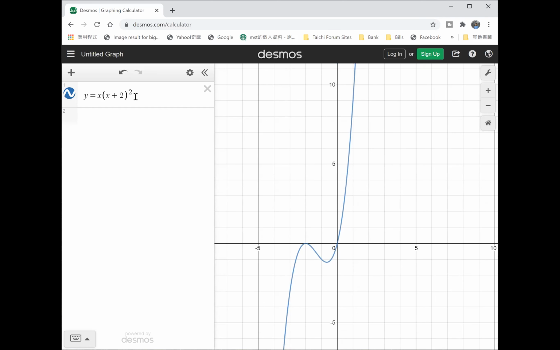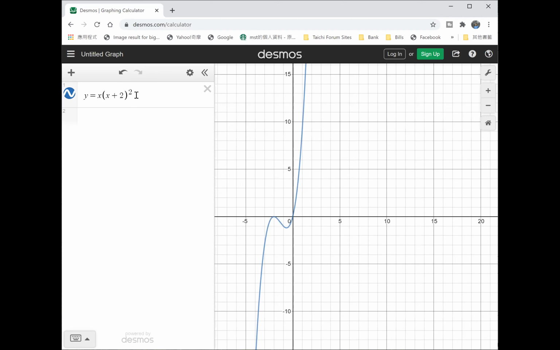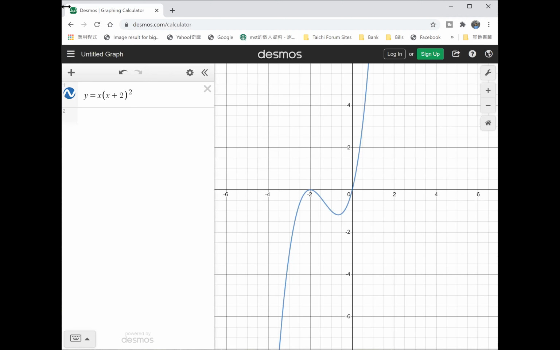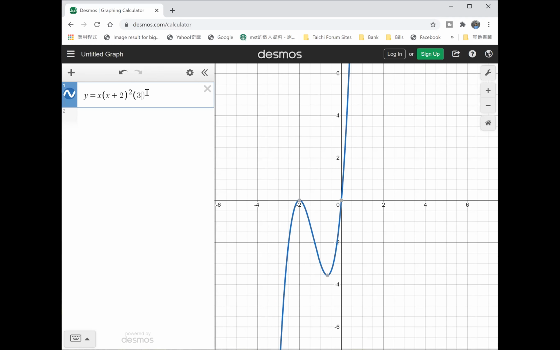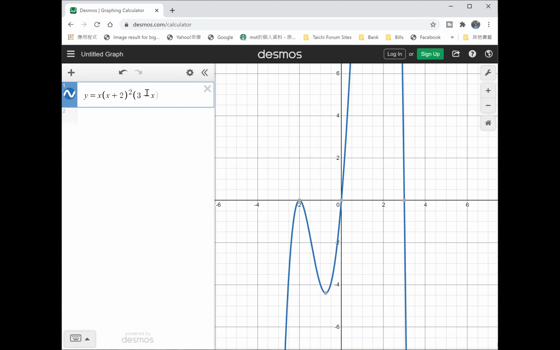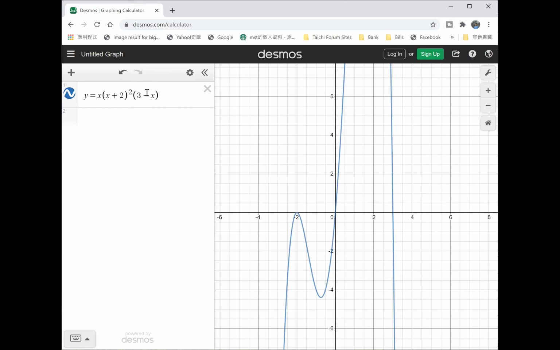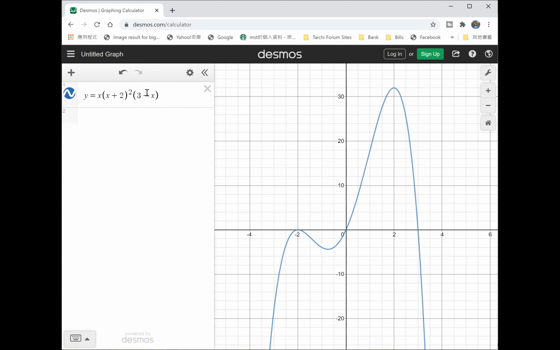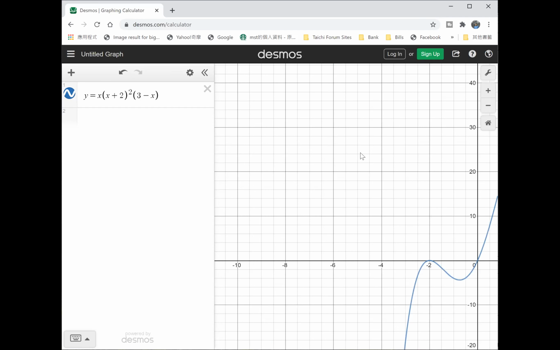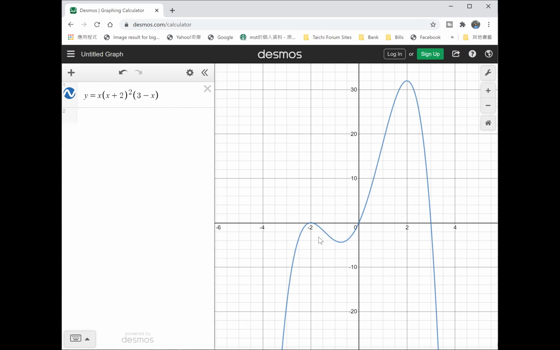And then we have one more place, which is 3 minus x. So you can see, compare this graph with what you had on your page.